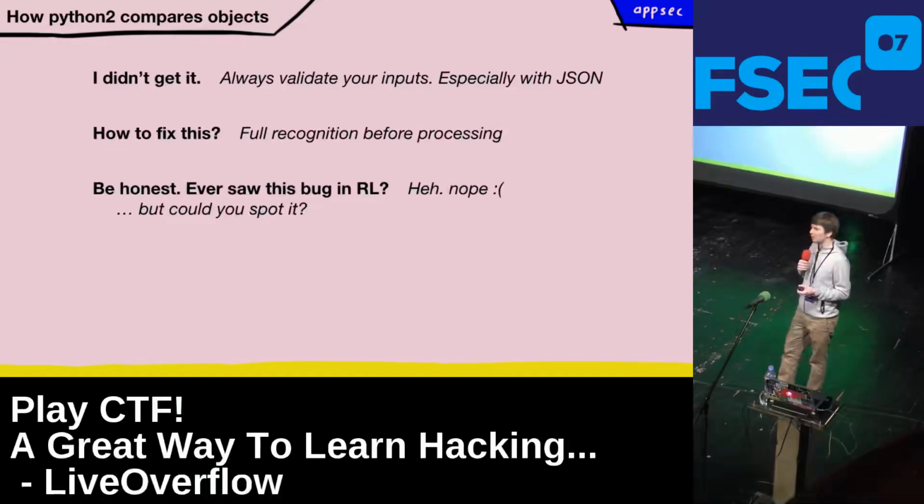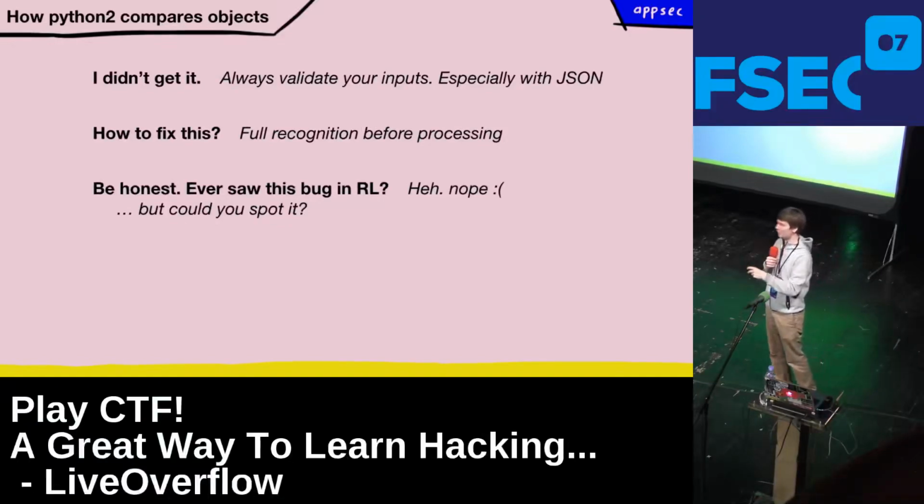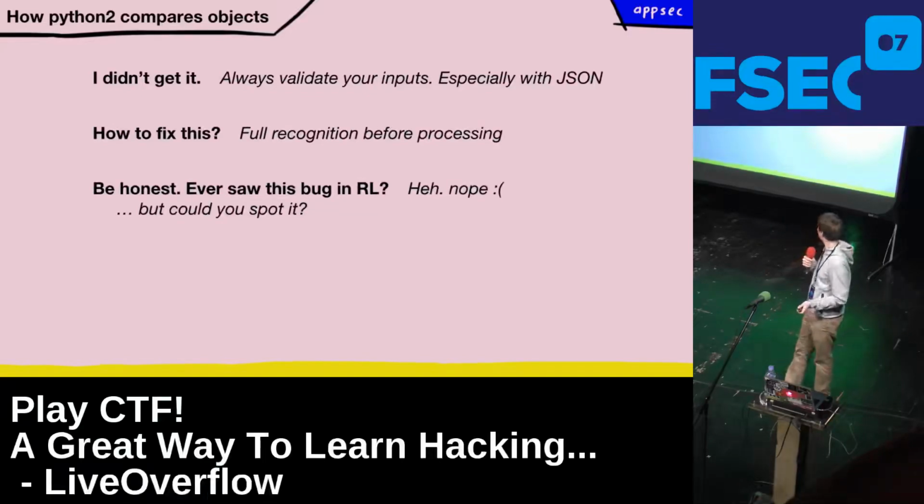But the point is not if this is a likely vulnerability. The point is, would you have noticed this vulnerability? Would you have tested for it? Would you have tried to enter different types in this JSON format? Would you have known that these comparisons could be screwed up like this in Python? And that's kind of the story here.